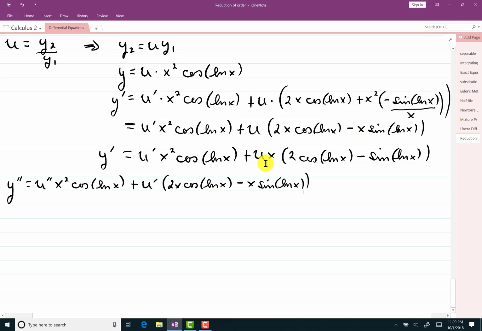Now you'll see what I meant for the second part. Plus the derivative of ux will be u prime x plus ux prime. And then we're going to, of course, leave this part alone. 2 cosine of ln of x minus sine of ln of x.